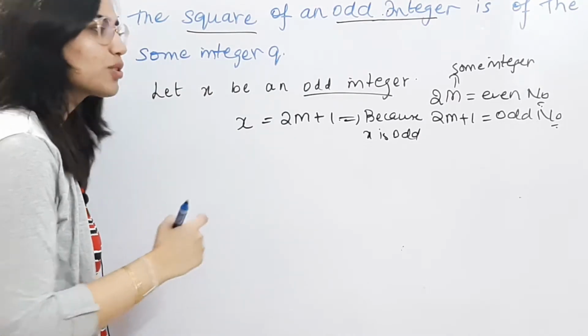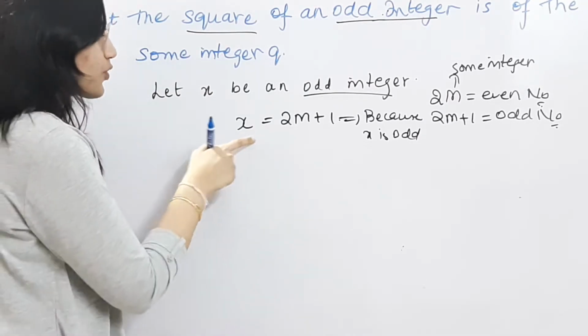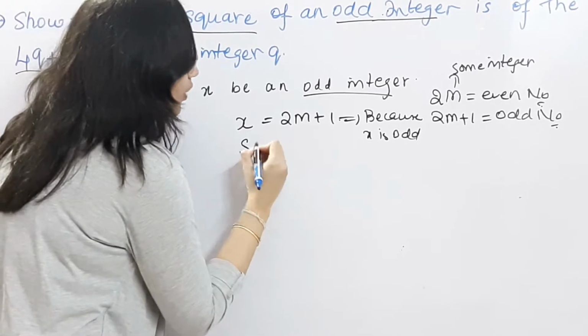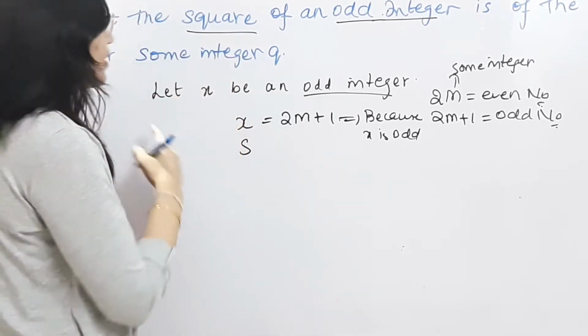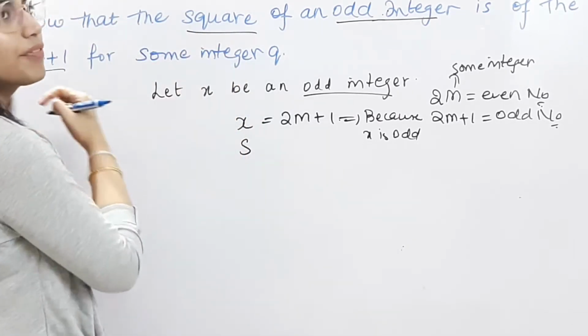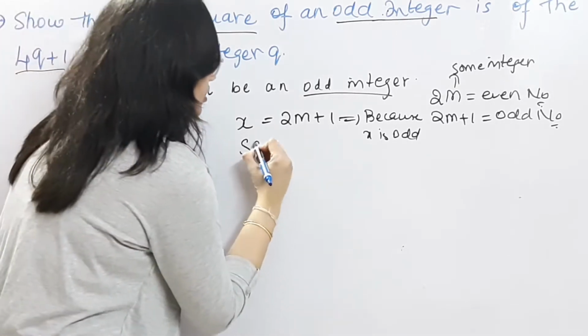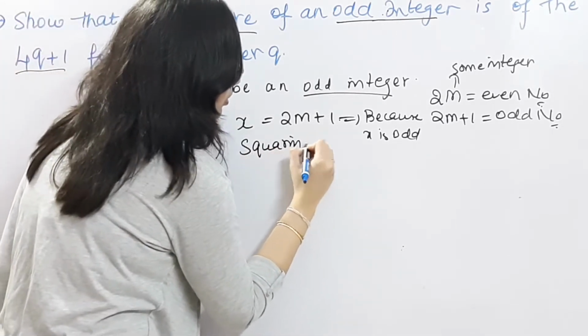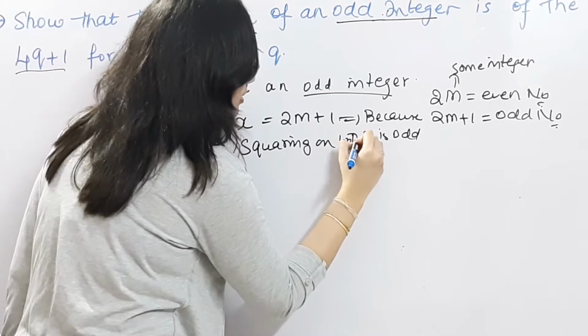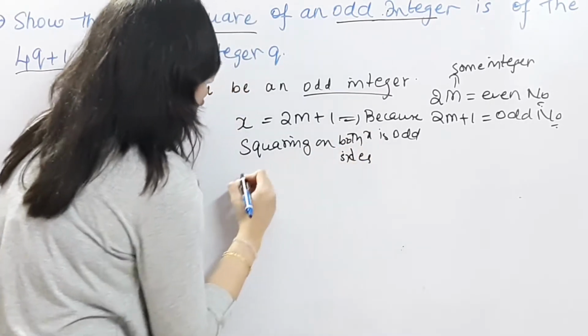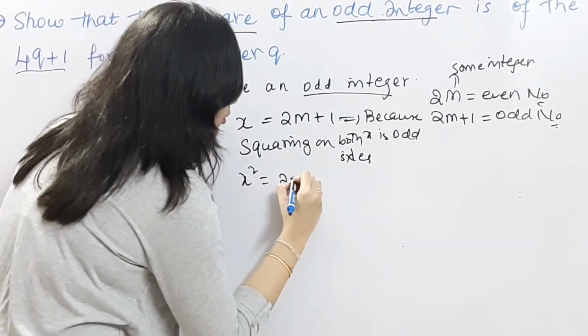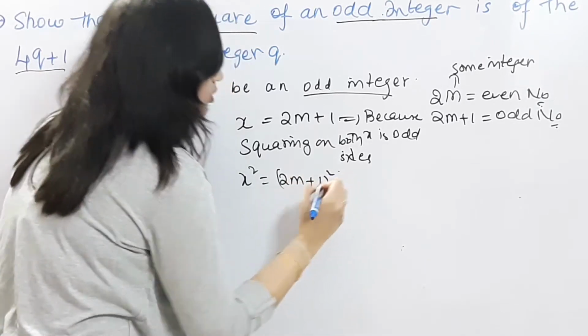Now he said square. Let us now square both sides and see what happens when we square this x. Why do we have to square? Because we need to find the square and we need to prove that this is in the form of 4q plus 1. So squaring on both sides, we get x square is equal to 2m plus 1 whole square.